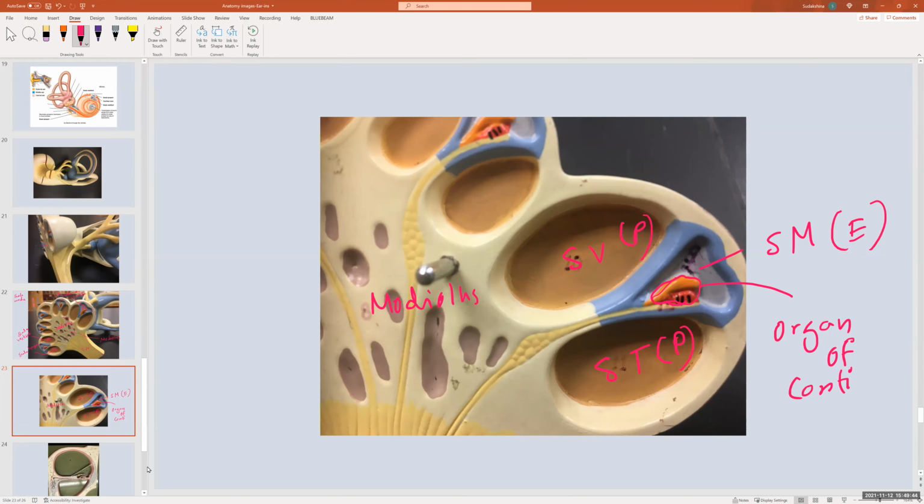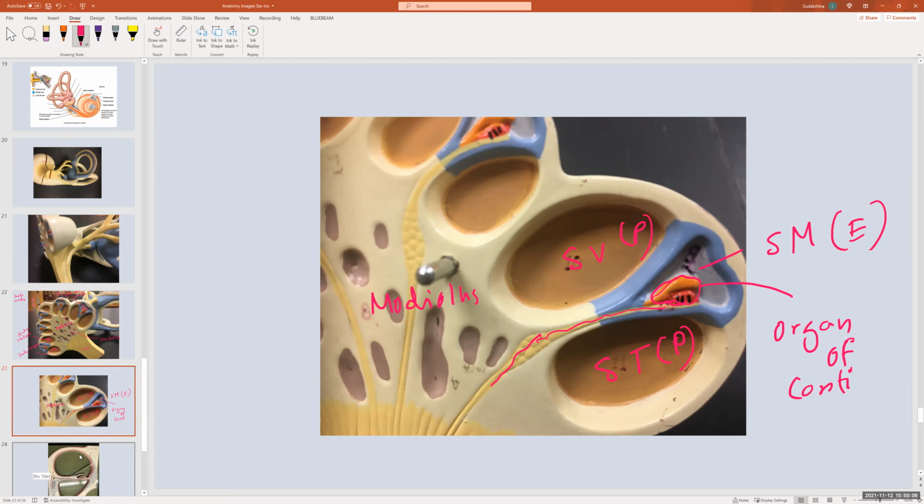All the elaborate structural arrangements that we have been studying are really to activate this. This is the sensory structure. Notice how it's connected to the sensory nerve. This is basically the sensory part of the vestibulocochlear nerve. So here, this is the organ of Corti.